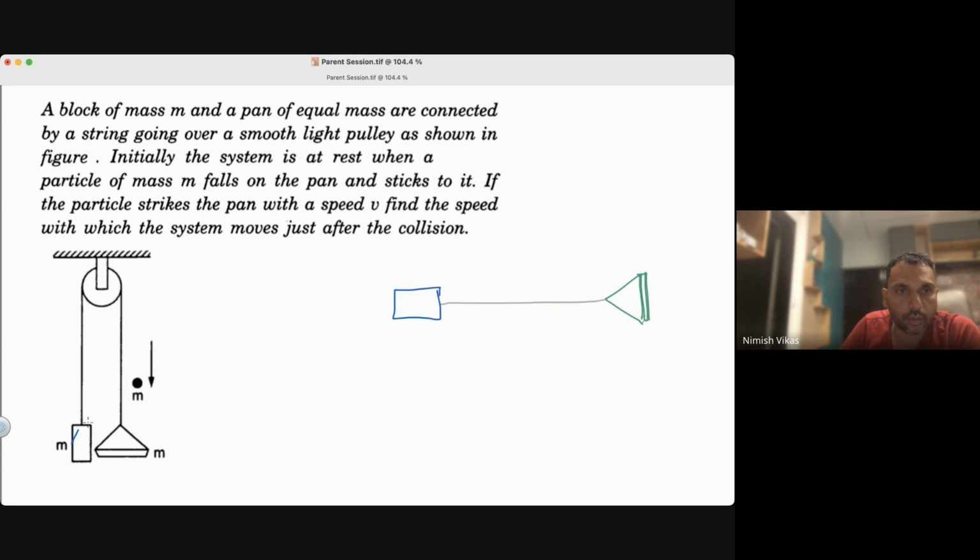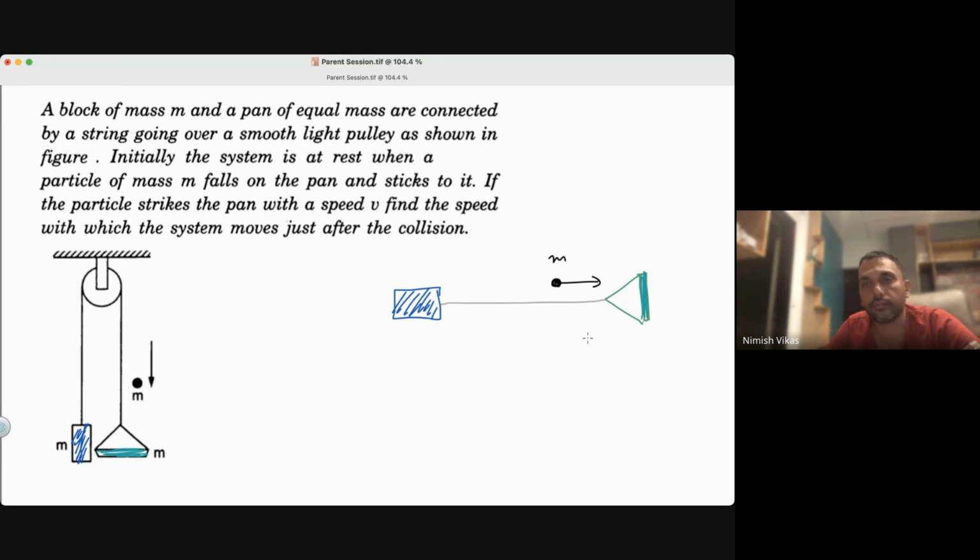This blue block is this, and this green pan is this. Is that clear, guys? And then there's a bob which comes and hits the pan and sticks to it.